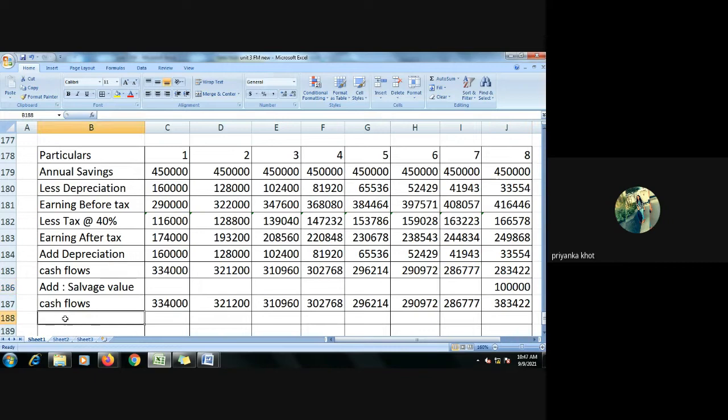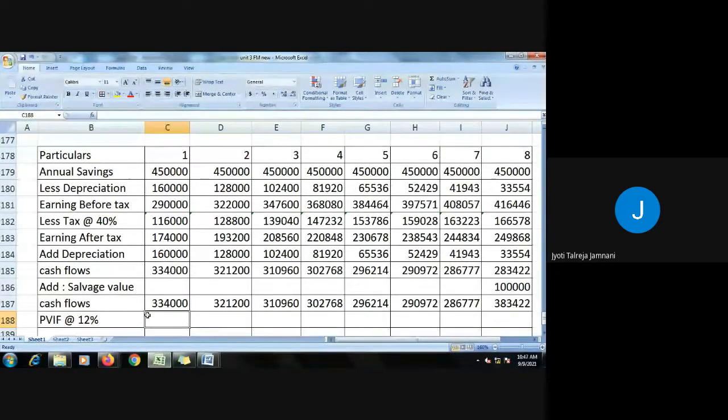Okay, now that we have the cash flows, we'll find the present value of cash flows and then find the NPV to wind up with this particular problem. So present value interest factor at 12%. At 12%, we'll see the table values, that is the rates.